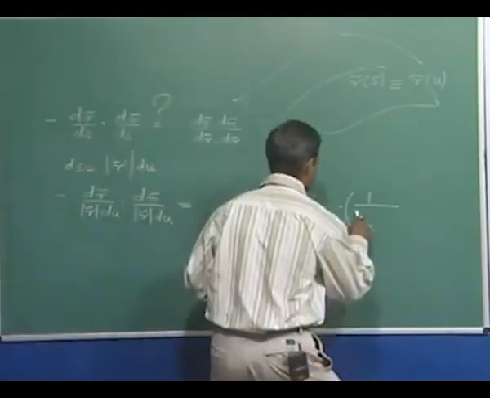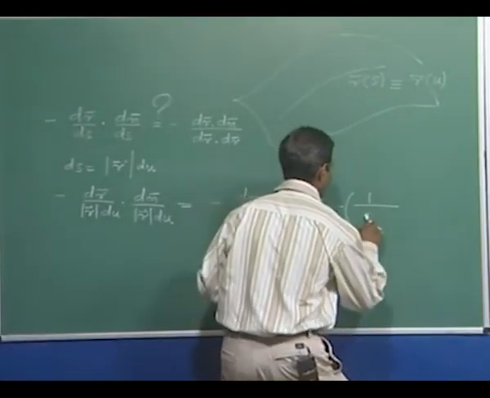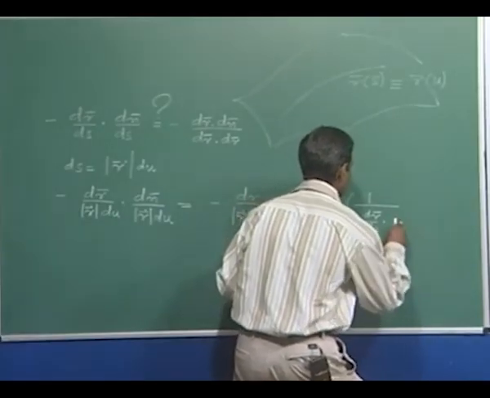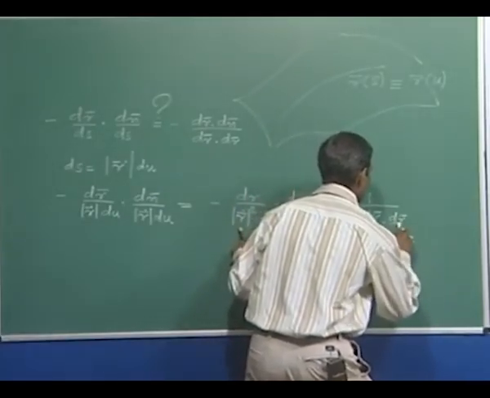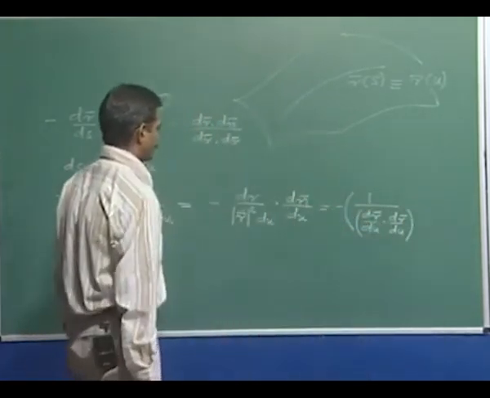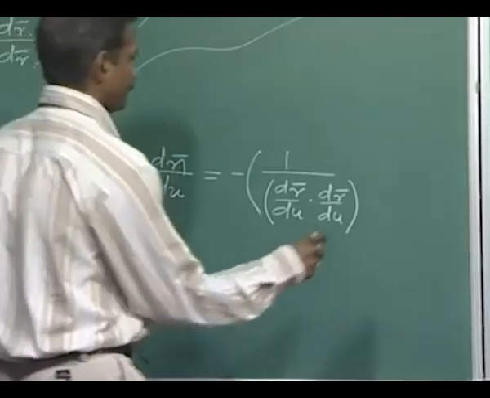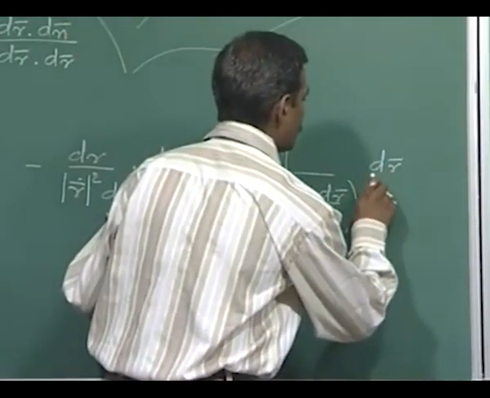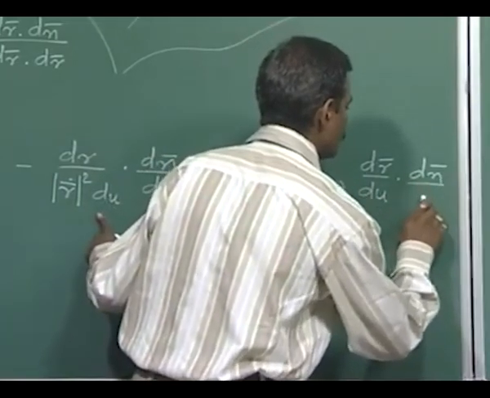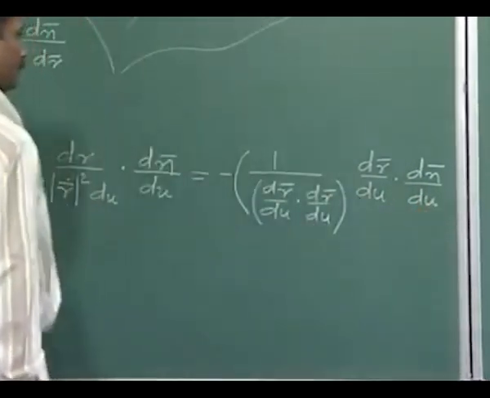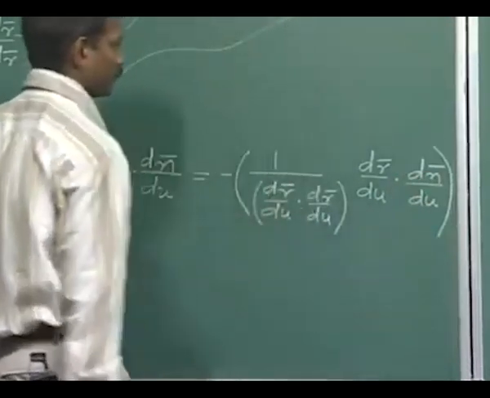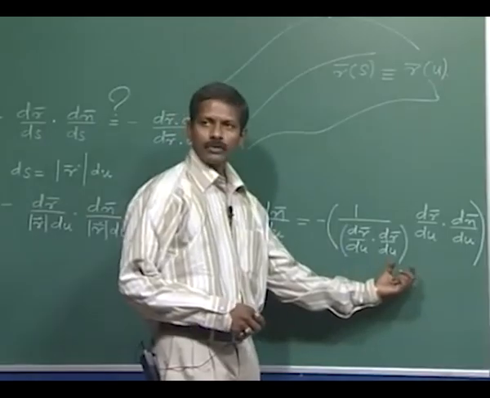This is equal to dr over du dotted with dr over du, times dr over du dotted with dn over du. So I'll do a little hand waving here.